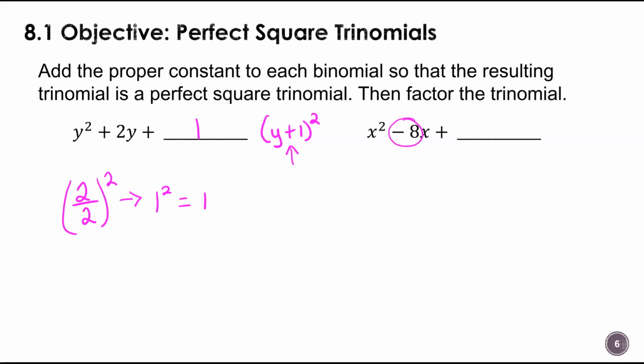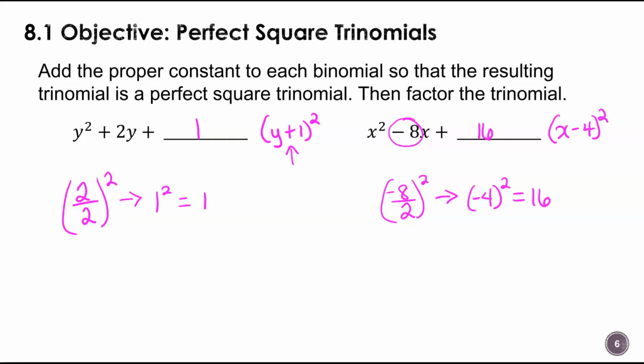This is the coefficient of my middle term, -8. So we divide it by 2 and we square that. So that happens to be -4. (-4)² is 16. So 16 is the number we need to complete our square to make a perfect square trinomial. And it factors as (x - 4)².